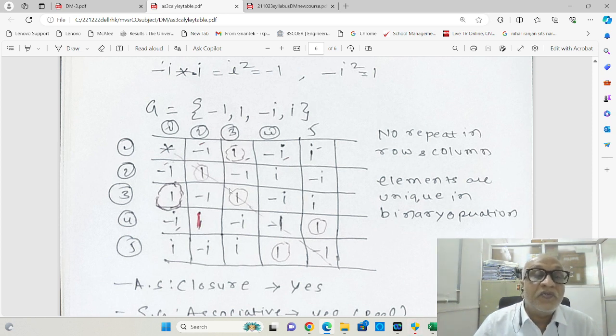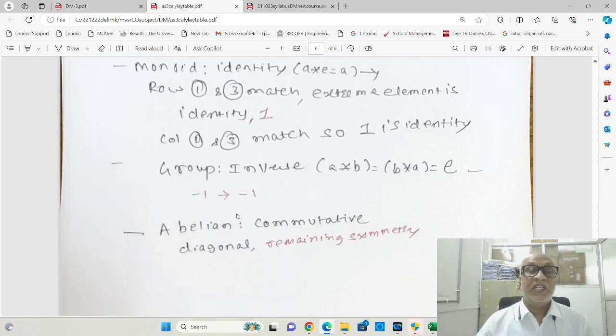Then 1, minus 1, then minus i, 1, minus 1, minus i, 1, minus 1. So i, minus i, i. So i, minus i and 1, 1. So it is holding the symmetry. That's why it is commutative also.